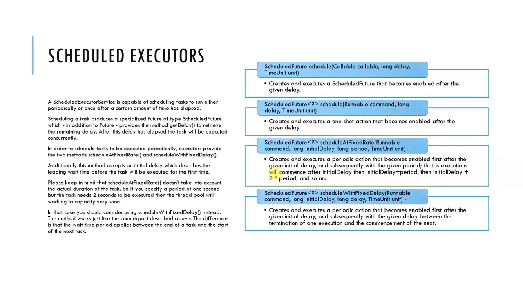So if we specify a period of 1 second, but the task needs 2 seconds to be executed, then the thread pool will work into capacity very soon.